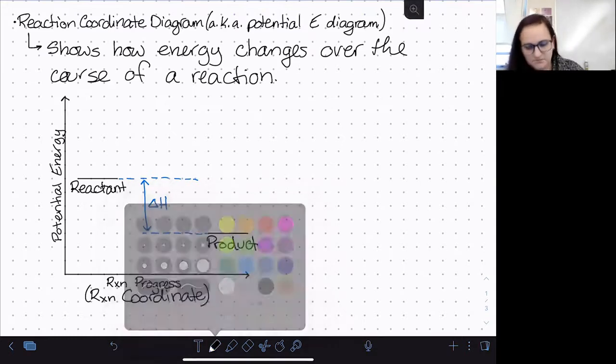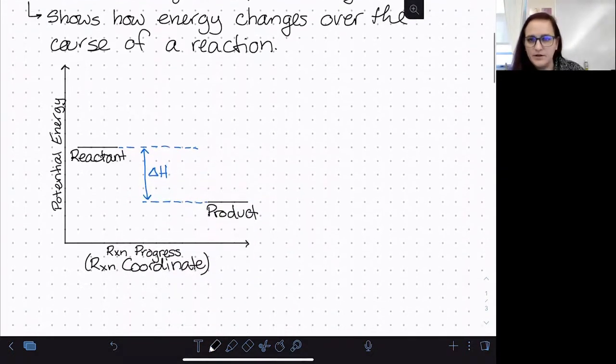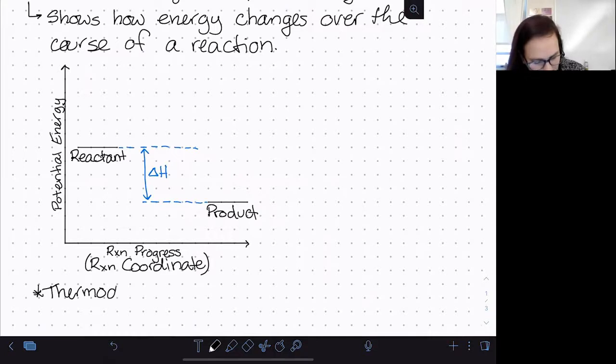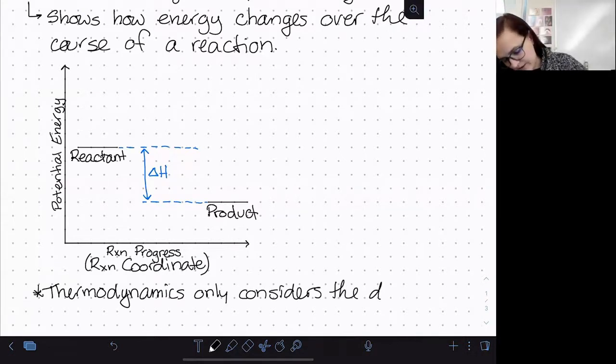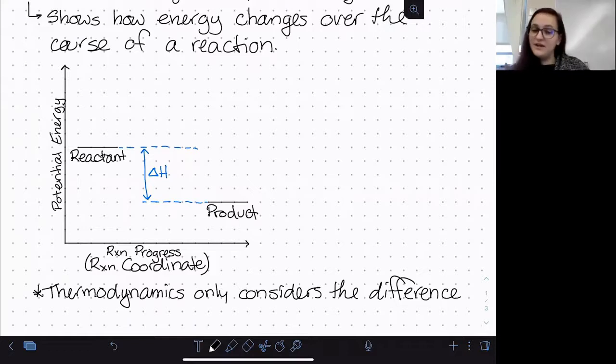And this is really all that thermodynamics considers. Thermodynamics only really considers the difference between the initial and final states, hence all the deltas. But it doesn't pay any attention to what's happening in between those initial and final states.